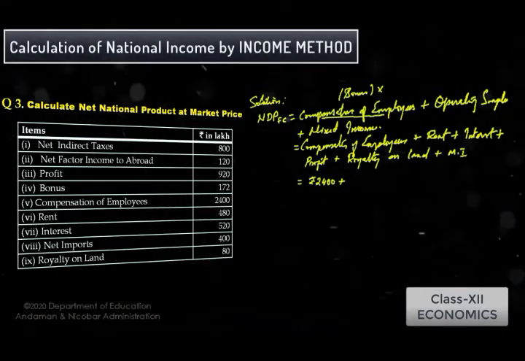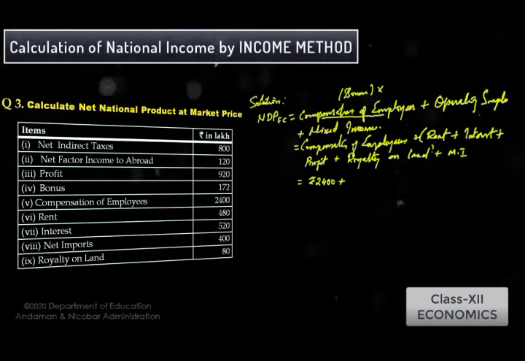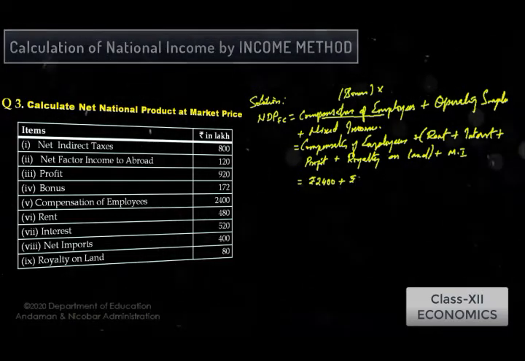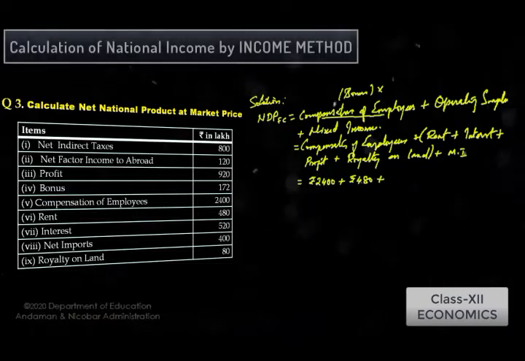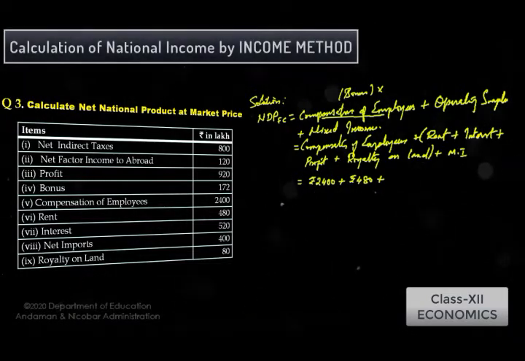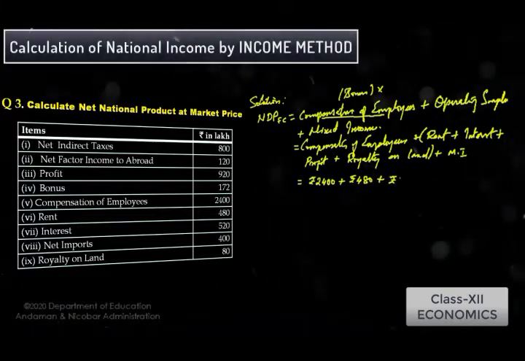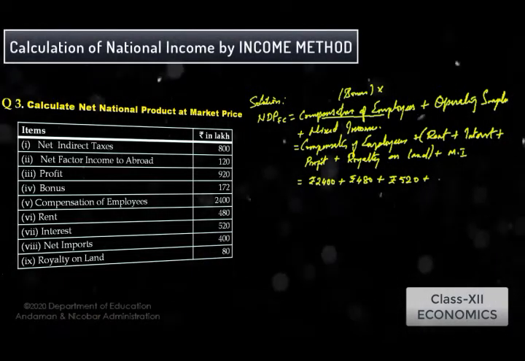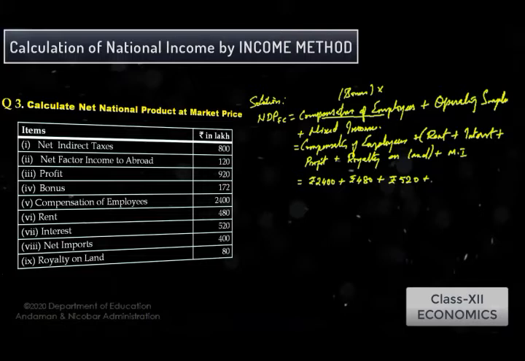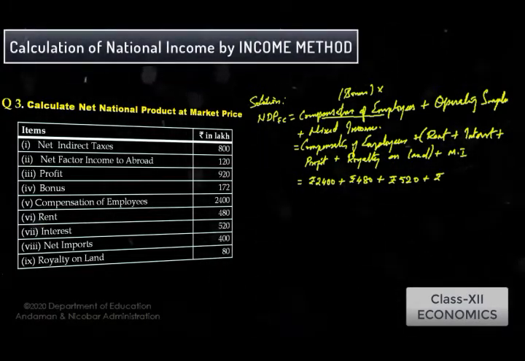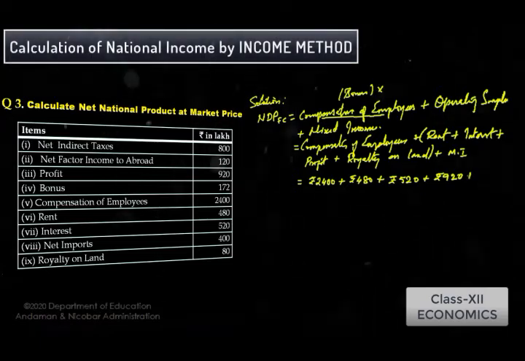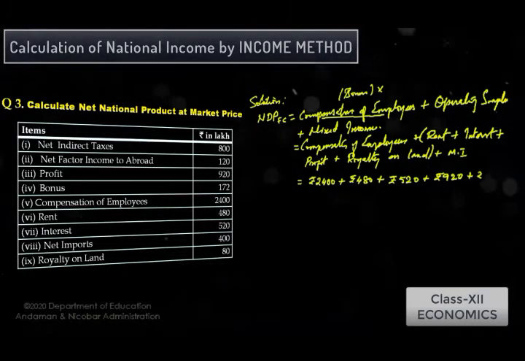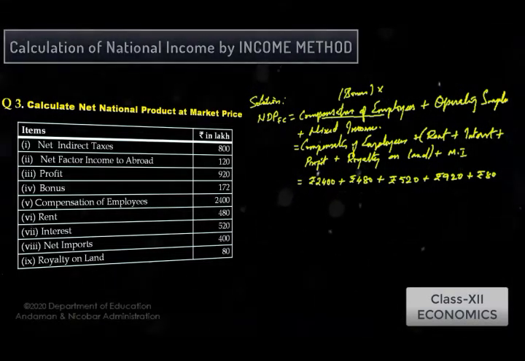First we write the value of rent, rupees 480, plus the value of interest, rupees 520, plus the profit value, which is given as 920, and at last we will write the royalty as rupees 80.